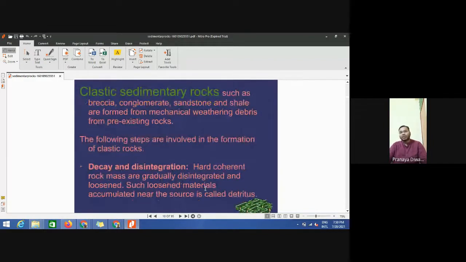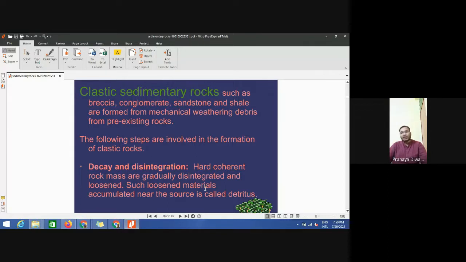The clastic sedimentary rocks are breccia, conglomerate, sandstone, and shale, which are formed from the mechanical weathering debris of pre-existing rock.